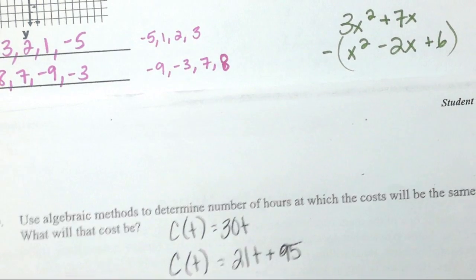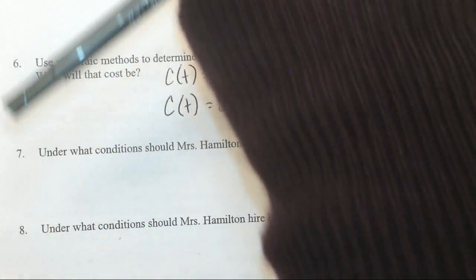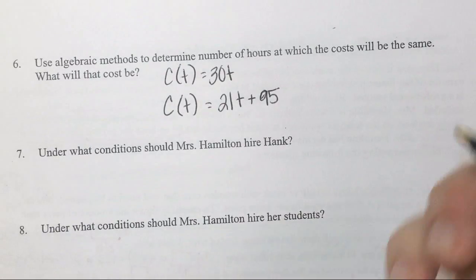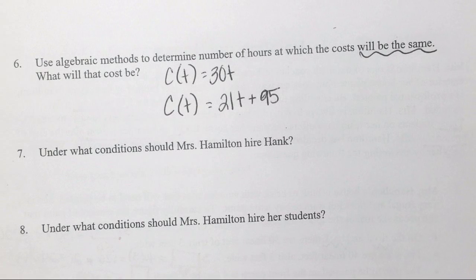Okay, so if it's saying find an algebraic way to determine when the cost will be the same, what do you think we're supposed to do then? So how do we make things the same? You set them equal to each other.